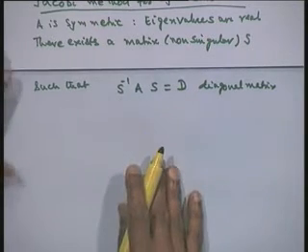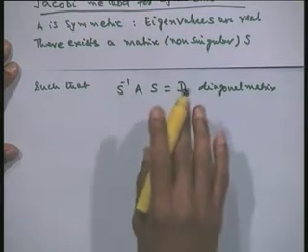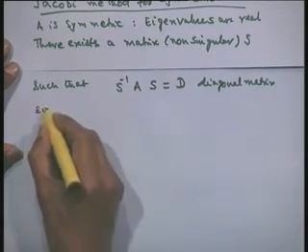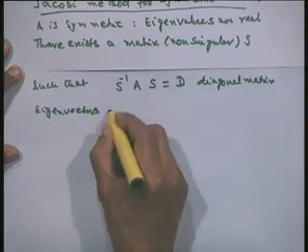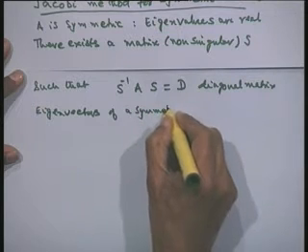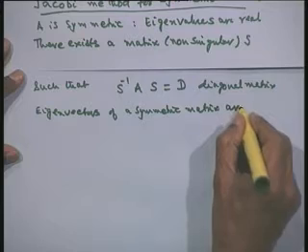Now, there is another property of symmetric matrices. The eigenvectors of a symmetric matrix, corresponding to the eigenvalues that we have, are all orthogonal.